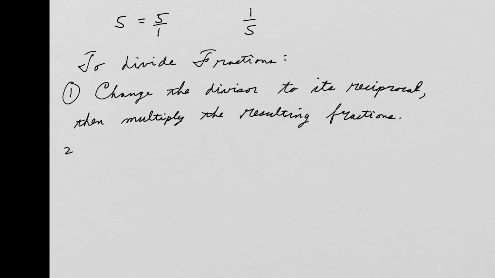And of course, always simplify if necessary. So step 2 will be simplify. Okay, so basically what you're doing is you're changing a division problem into a multiplication problem.